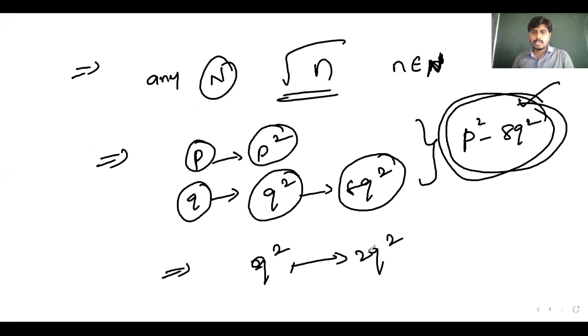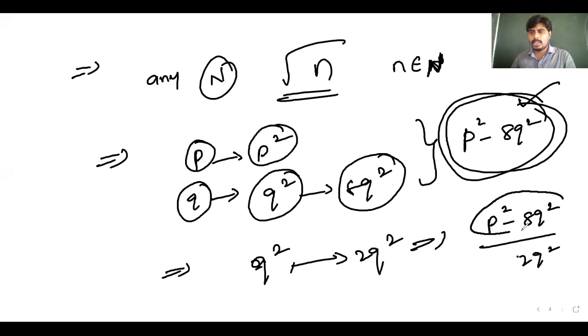Let me explain. p square minus 8q square by 2q square: we got this integer, and this is also an integer. Integer by integer, where the denominator is not equal to 0, what becomes? Some people may say integer, right? Integer by integer is a rational number, isn't it?